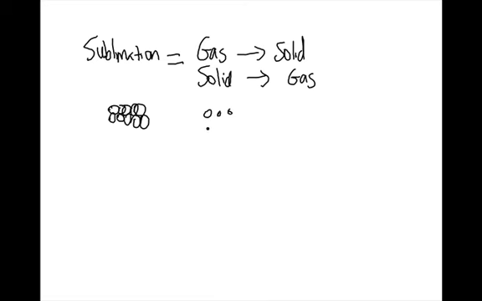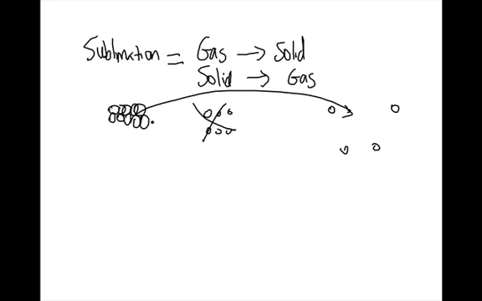Normally we would see it go to a liquid change and then to a gas change, which we had just gone through. We see that they ignore that step and it goes directly to the gas change. So this means there is a huge gain in energy from the solid stage out to the gas stage. And so sublimation is our final one.